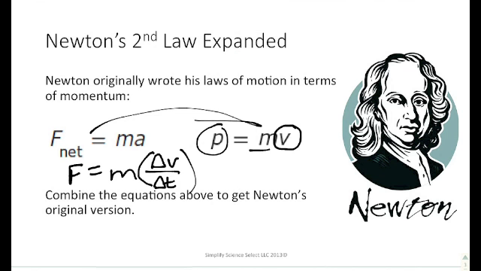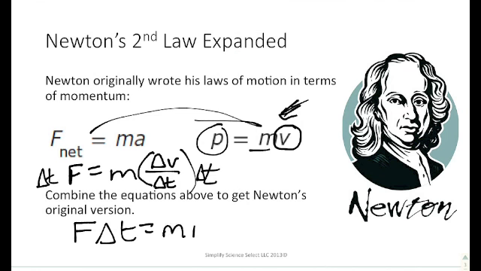So now I'm getting pretty close to this idea of MV, but I need to move this t over to the other side to make that work. So you multiply both sides by delta t, and you come up with the equation F delta t equals M delta V.